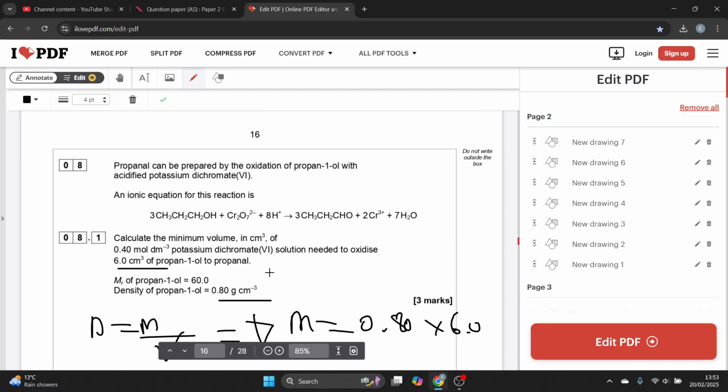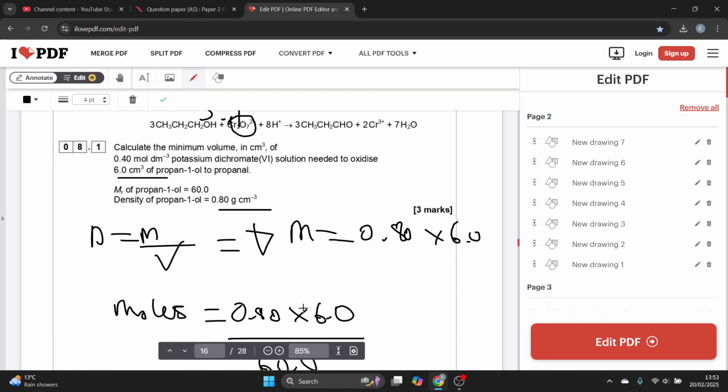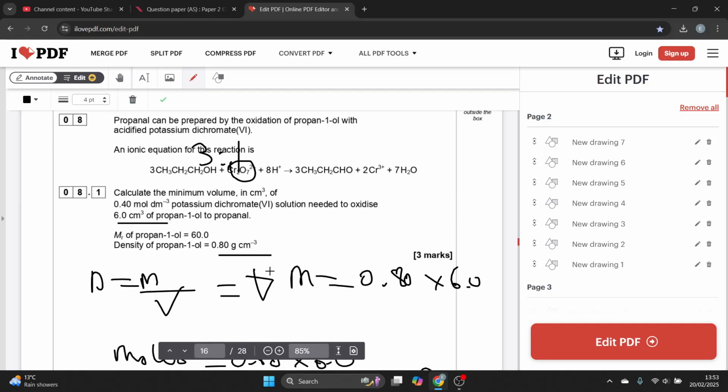And then I want to find the minimum volume in centimeters cubed of this much potassium dichromate needed to oxidise this much propanol. To find the minimum volume, I've got a 3 to 1 molar ratio, so I'm going to divide the moles that I get by 3. I've got the concentration of the potassium dichromate solution, and I want the volume.